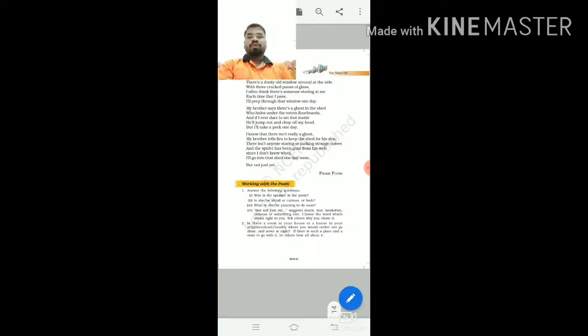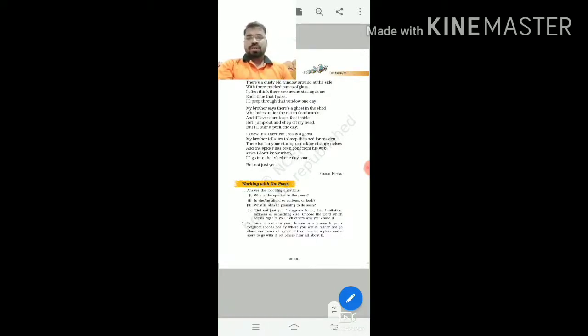Guys, we also think that. If a house in your locality has been closed for many days and was not painted properly, or was completely burnt out or destroyed for some reason, that horrible building would frighten everyone, and we think that someone is staring at us from there.